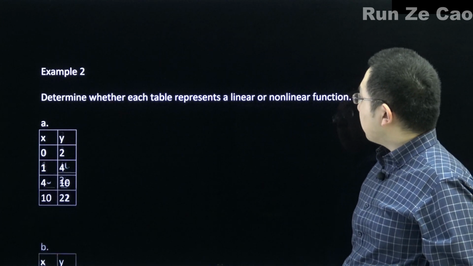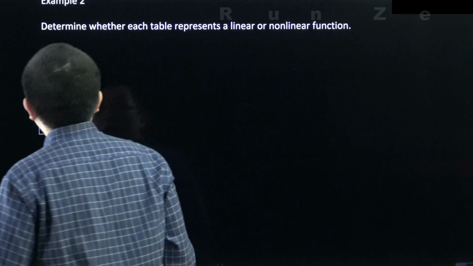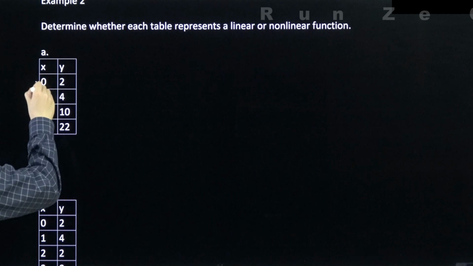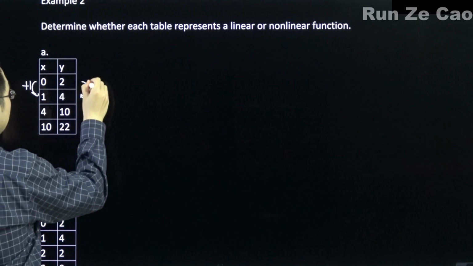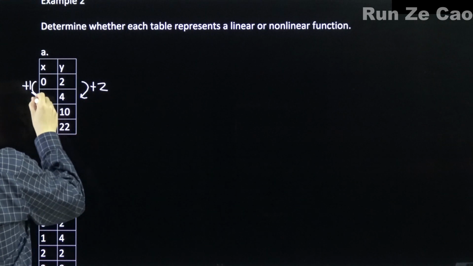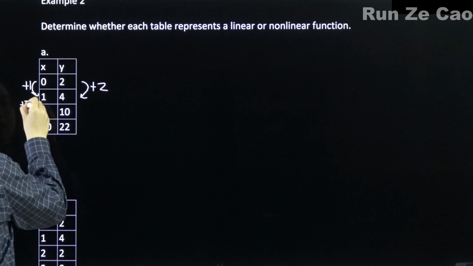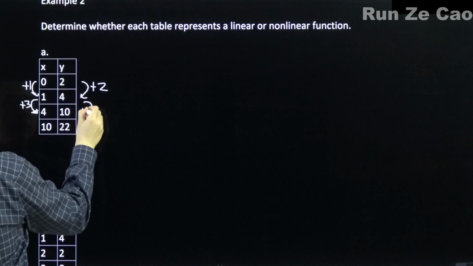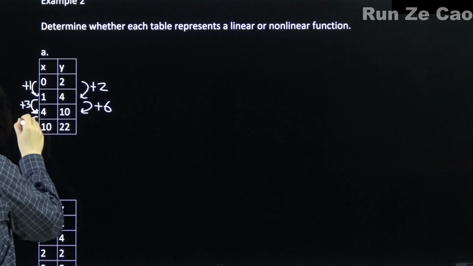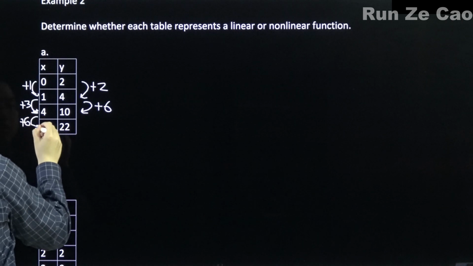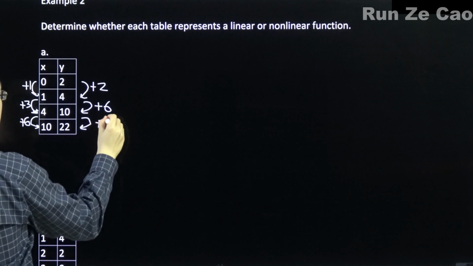Determine whether each table represents a linear or nonlinear function. Well, here we have an increase of 1 corresponding to an increase of 2, and then an increase of 3 corresponding to an increase of 6, and an increase of 6 corresponding to an increase of 12.